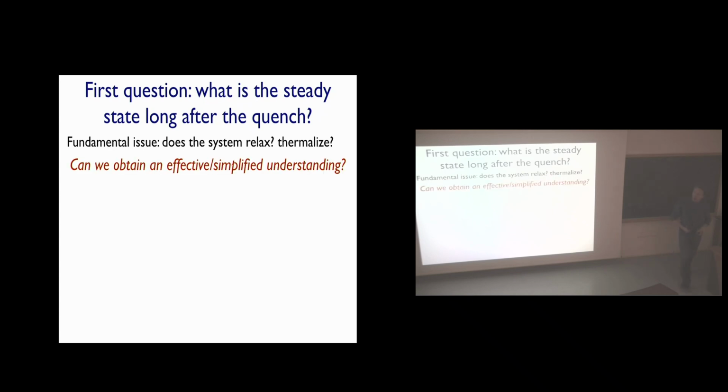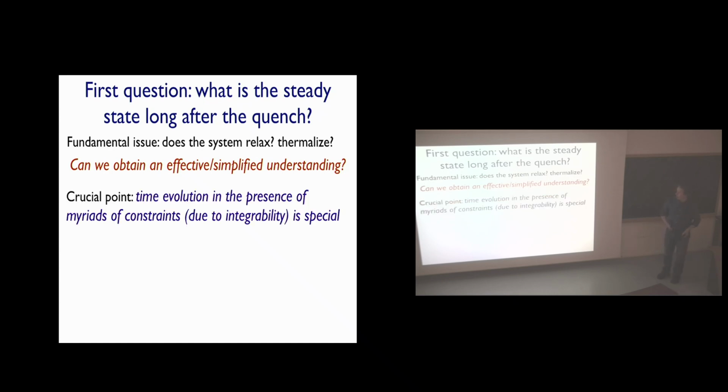And of course, as theorists, we just focused first of all on this steady state. Now this is where the realization of the difference between an integrable and a non-integrable model shows up. A conserved charge is really a dynamical constraint for your system. So in the presence of many non-trivial charges, your system is not going to be able to really explore phase space as if it was non-integrable.